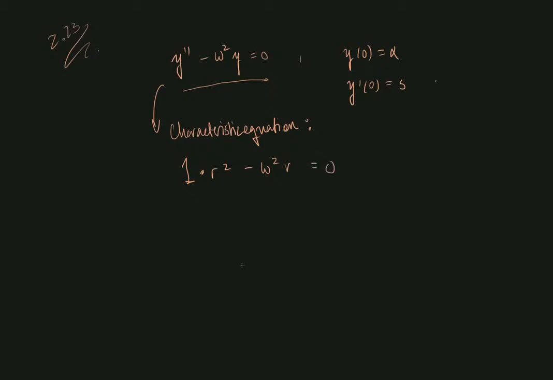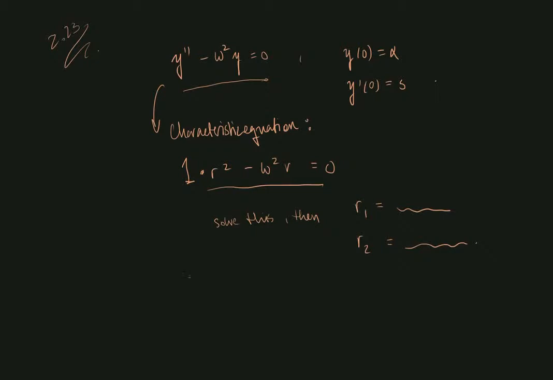So this is my characteristic equation. Basically I want to solve this, and that's quite easy to solve. Then R1 is equal to some value and R2 is equal to some other value.